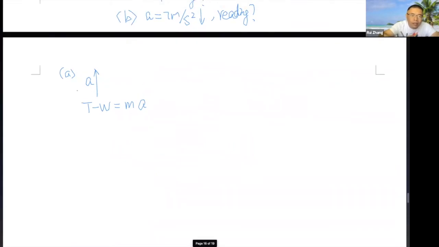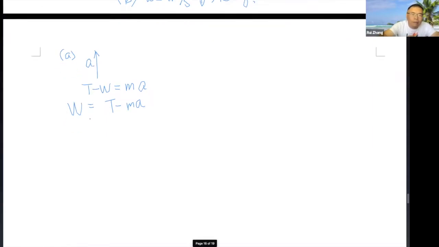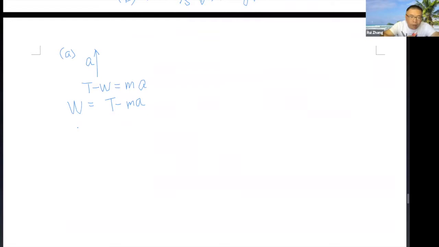So the tension equals weight plus ma. The real weight of the object does not change, but because the object is moving upward with acceleration, the tension is bigger than that because of this term.